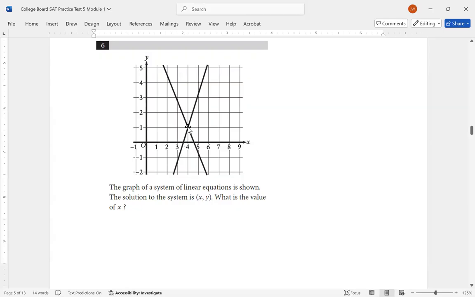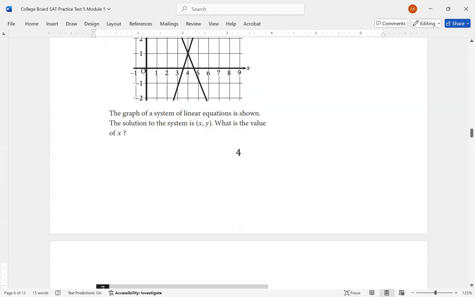So the solution to the system is 4 comma 1, which means the x value is 4 and the y value is 1. This is just asking me for the x value, and that is 4. So 4 is the correct answer to that problem.